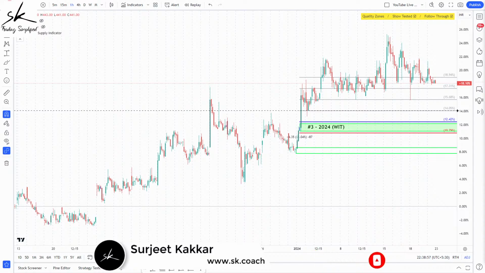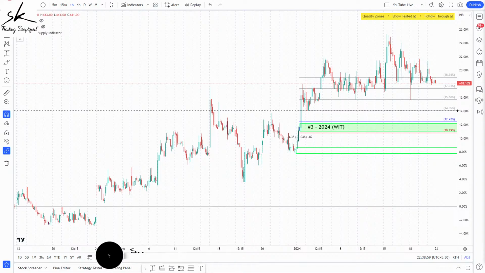If you're getting into the trade almost at the start of the session, let's say the first 2 hours, that's acceptable. But if you're getting your entry pretty late, it definitely doesn't make sense to get in, especially your WITs and MITs. And again, if your zones are pretty wide, then also it doesn't make sense, because if the zones are wide, you need a bigger move for a 2:1, which might not happen intraday.